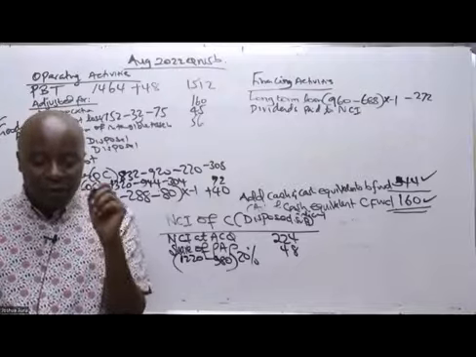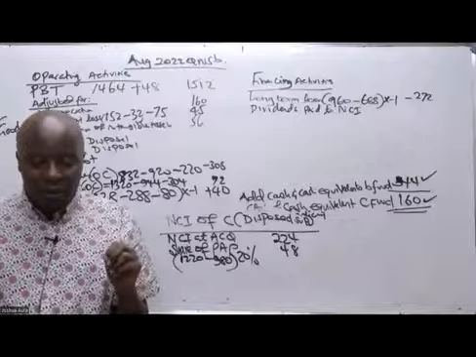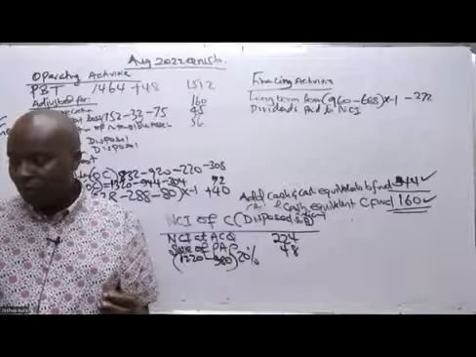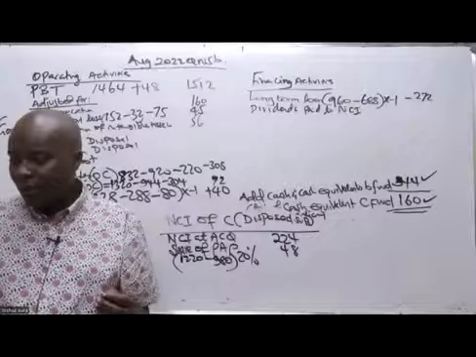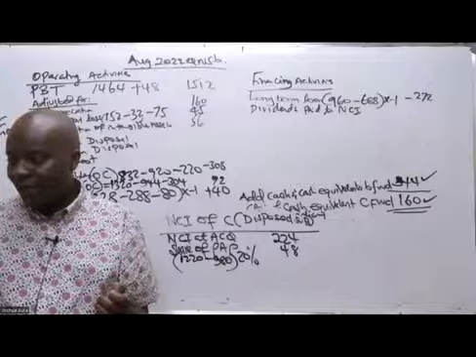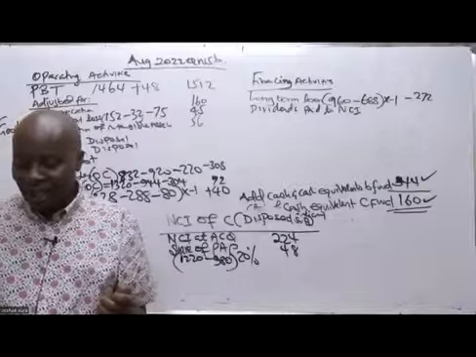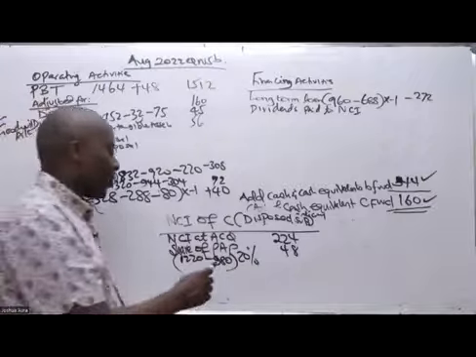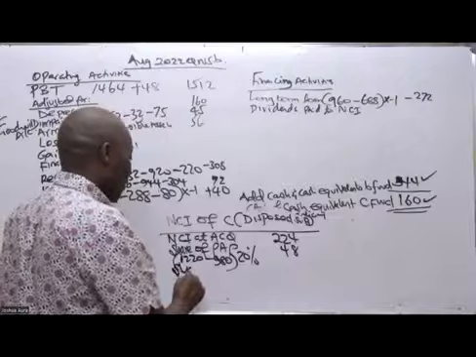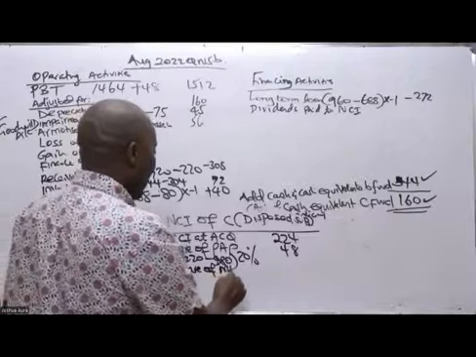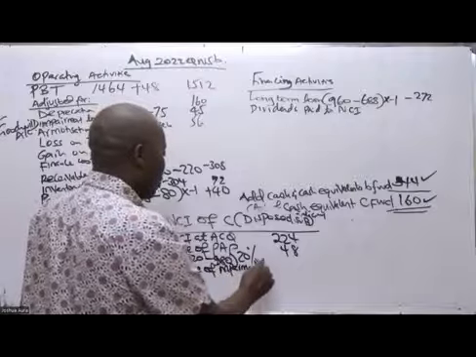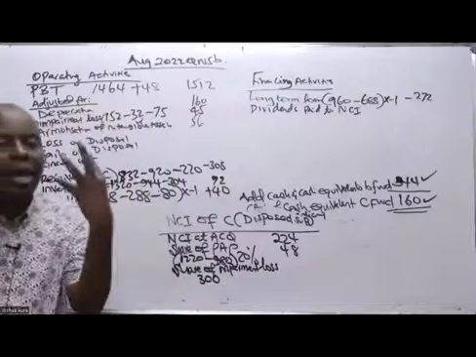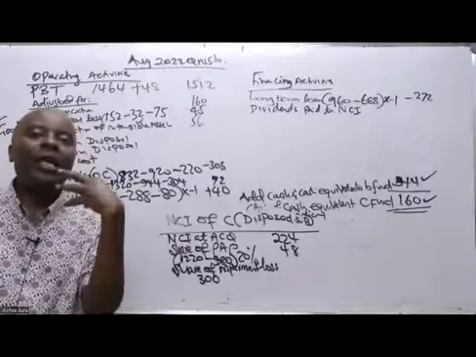So here we have the share of impairment loss. 300 was the total impairment, and they can only take their percentage.